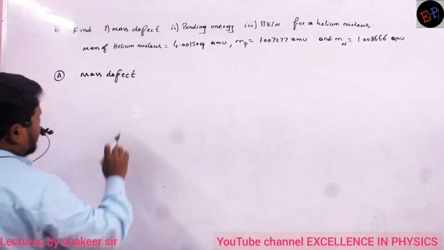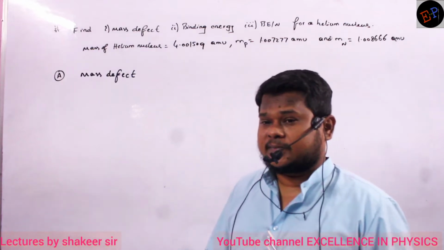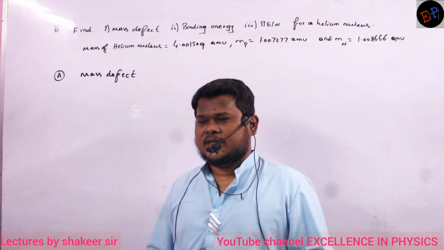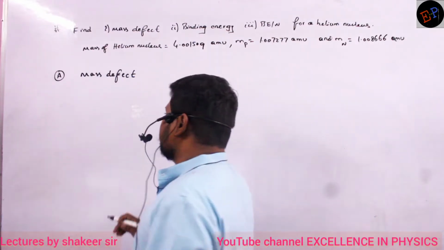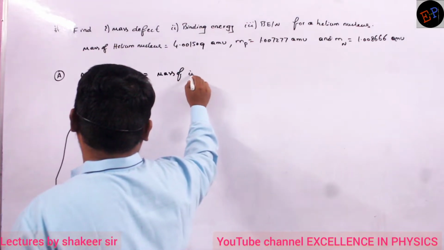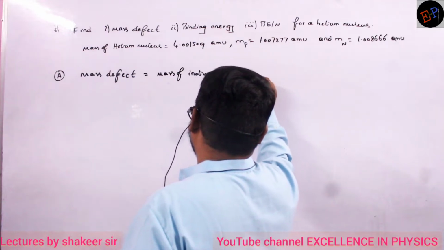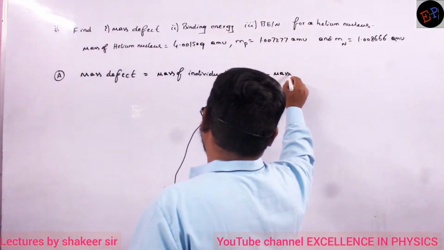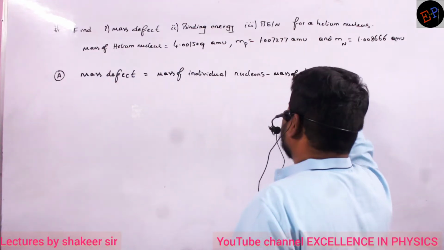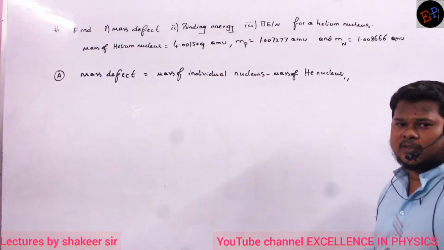Mass defect, how can I calculate? Mass defect means the amount of reduced mass. So I calculate the mass of individual nucleons minus the mass of the helium nucleus.